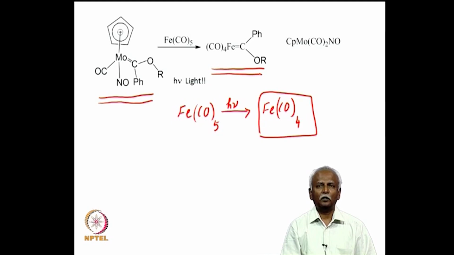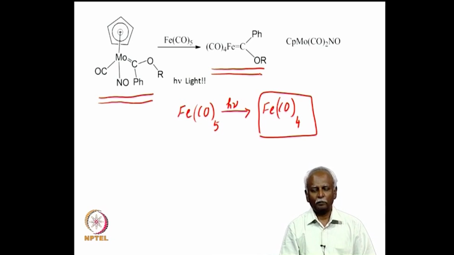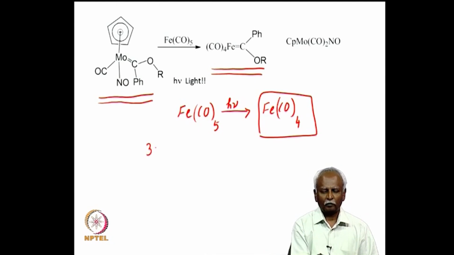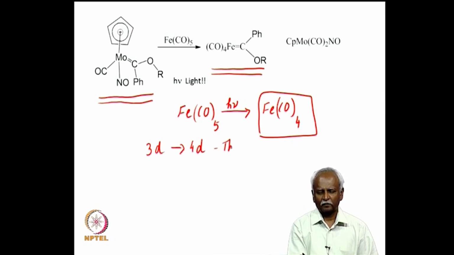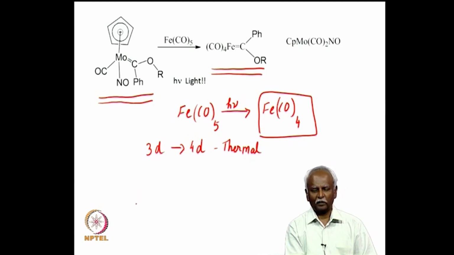So, this is apparently contrary to what I told you in the previous example, that the carbene will move from a 3D system to a 4D system, and that is true for thermal reactions.